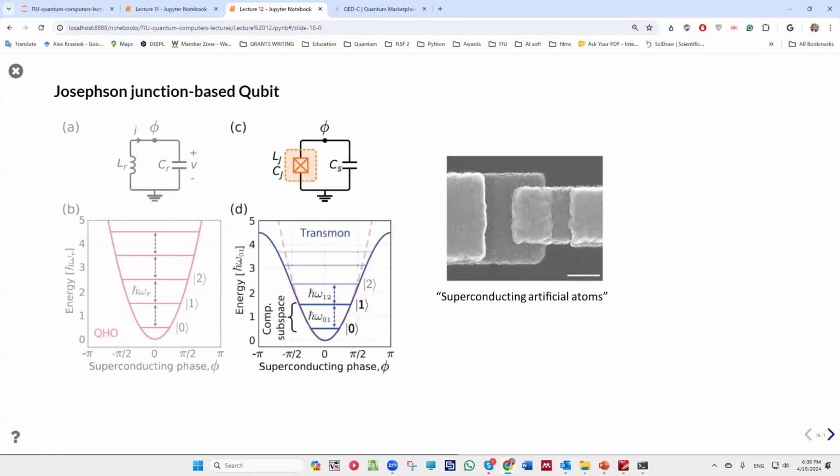With bad characteristics and so on, but it will be a qubit, provided that you cool the system well below 1 Kelvin.